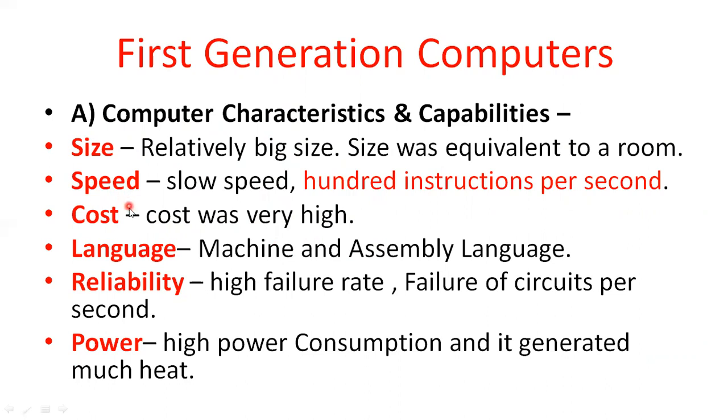Machine level language and assembly language are the two important languages for the first generation computer. Reliability: high failure rate, failure of circuits frequently. Power: high power consumption, and it generated much heat. Those are the characteristics of the first generation computer.